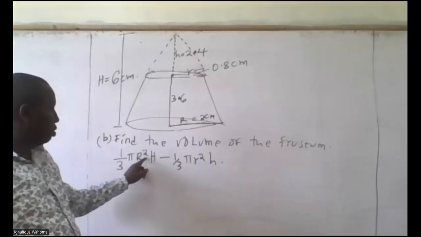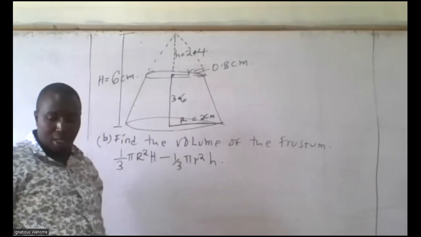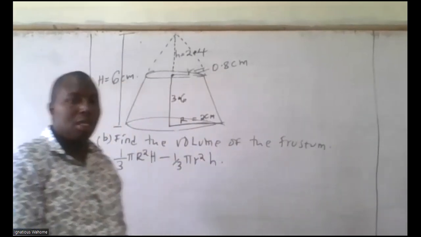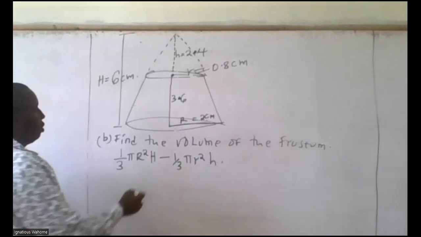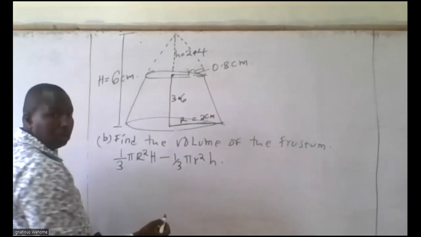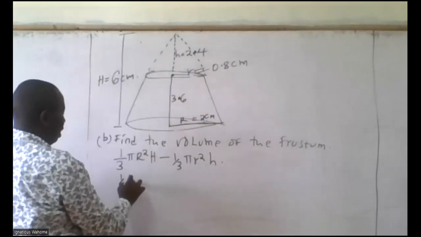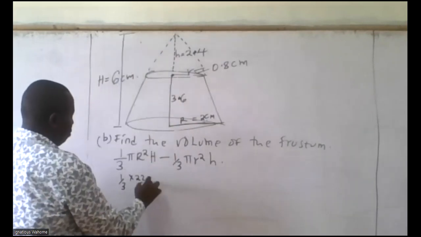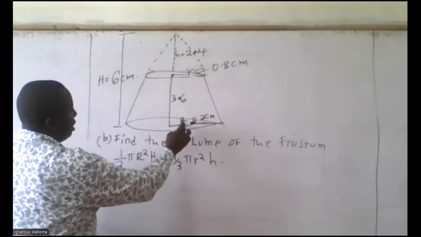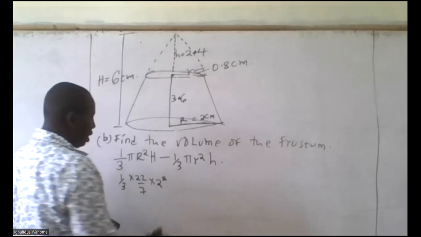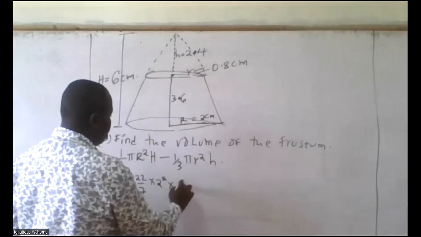So a third pi r squared h for the original minus a third pi r squared h for the small one. You already have the radius of the larger one, 2, and the height of the original is 6. So it is a third times, taking pi as 22 over 7, times 2 squared times 6.